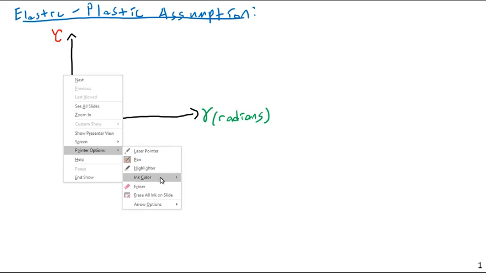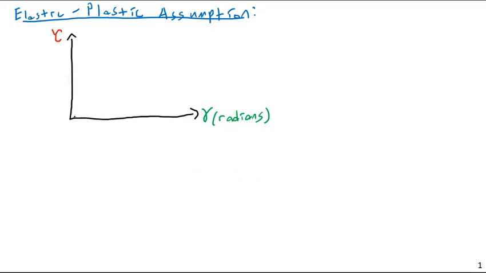Then I'm going to assume behavior like so. Now, yes, in reality, we know that the stress-strain diagram for shear and for normal stress and strain is going to be much more complicated than this, but we are going to assume this kind of behavior here.